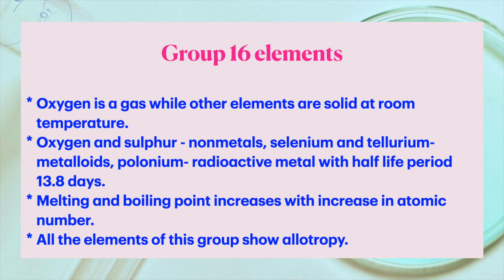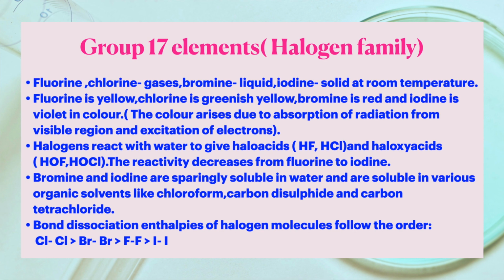Now if you consider group 17 elements, which are called the halogen family, fluorine and chlorine are gaseous elements. Bromine is present in liquid state, and iodine is present in solid state at room temperature.